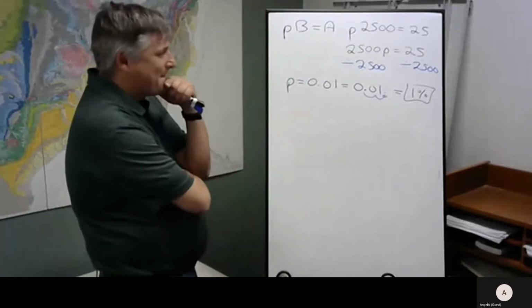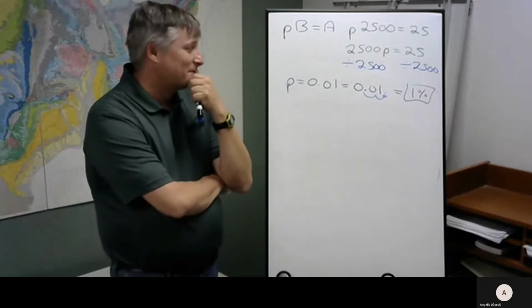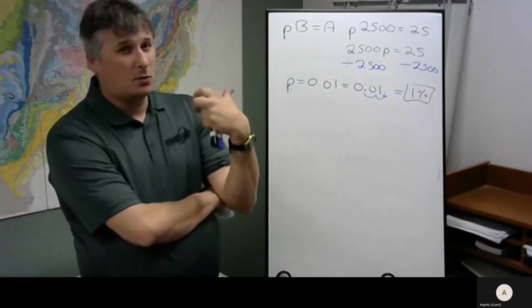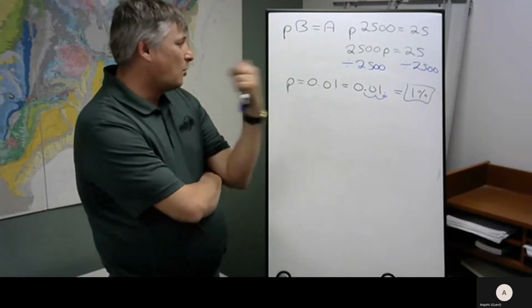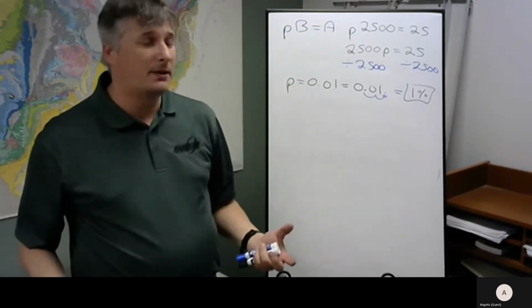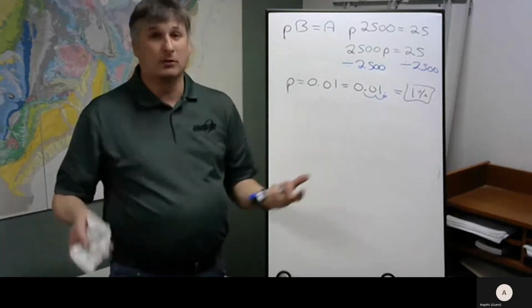Okay. So questions about that? With this little p in the percent equation, you want to be careful. It's always acting as a decimal. That's different from the capital P in the percent proportion, where capital P is a full-blown percent.